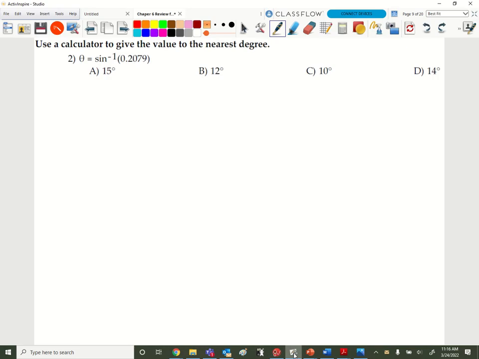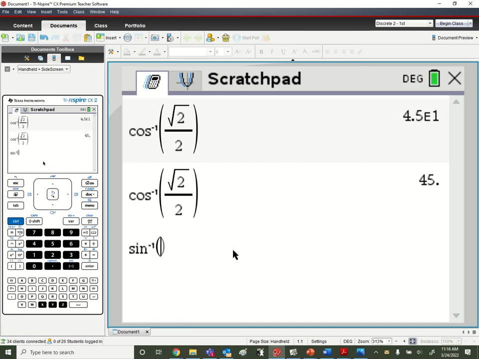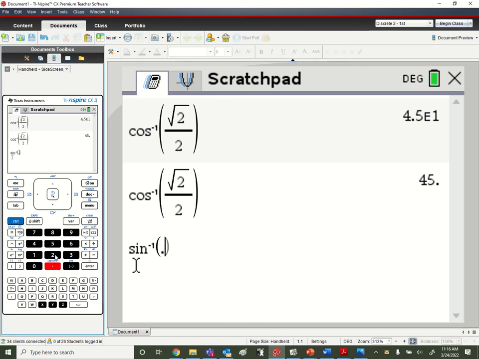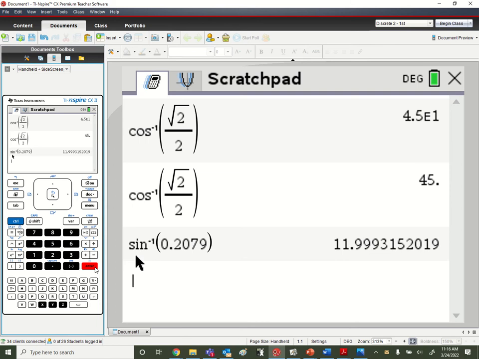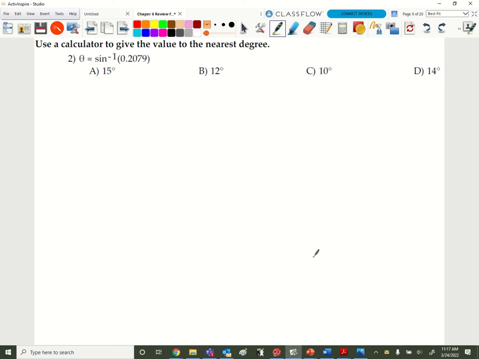Inverse sine 0.2079. Enter. So since it is in degrees, this is going to round to 12. So my answer here is 12.